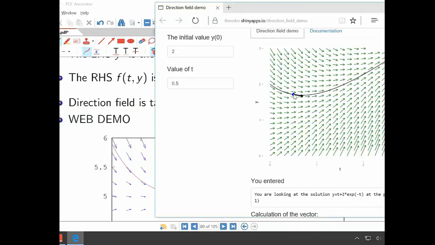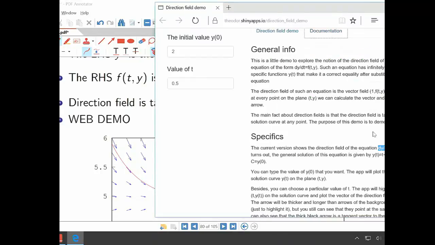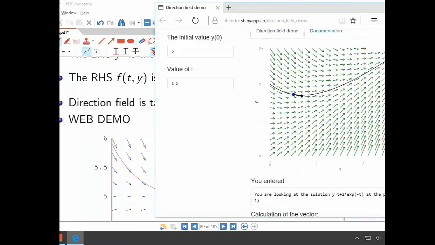And then if at this point you calculate the right hand side of the differential equation, t minus y plus 1, you will get 0.5 minus 1.7 plus 1, which is minus 0.2. And so this black vector is the same as the vector from the vector field underneath, and it is parallel to the vector where the first component is 1 and the second component is minus 0.2.